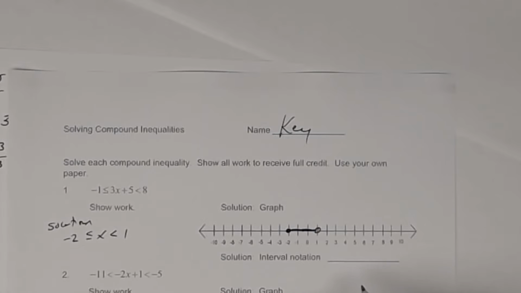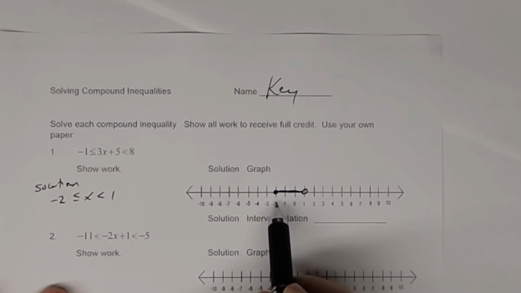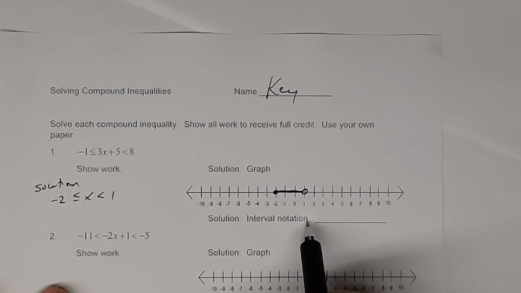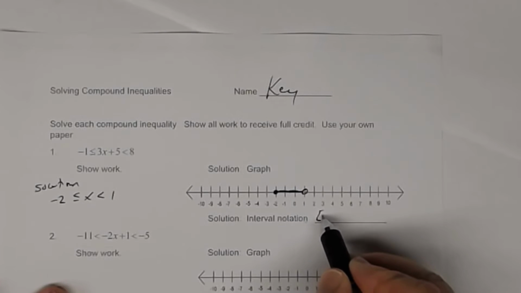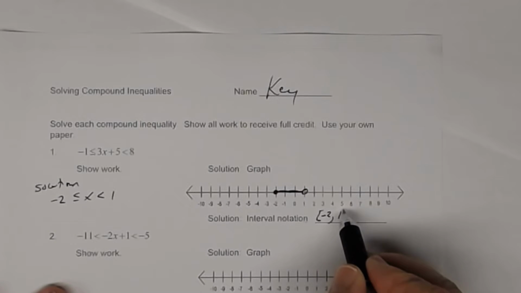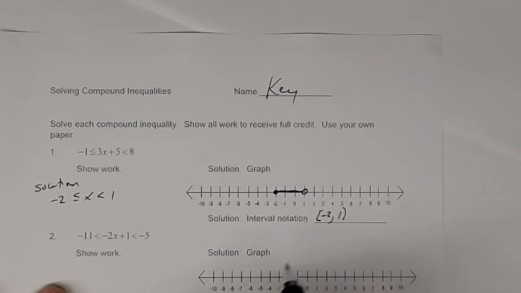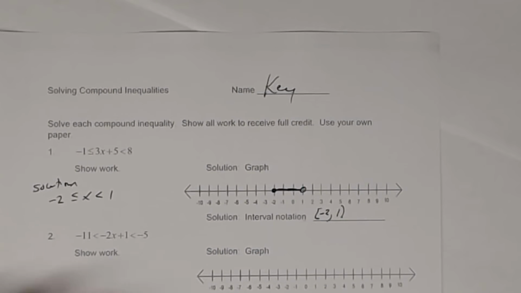So there's your graph. In interval notation, you always go from smallest to largest, from left to right. -2 with a closed circle corresponds to a bracket, so you put a bracket here, -2, all the way to 1 with parentheses. The open circle corresponds to a parenthesis. All right, so that was number 1.